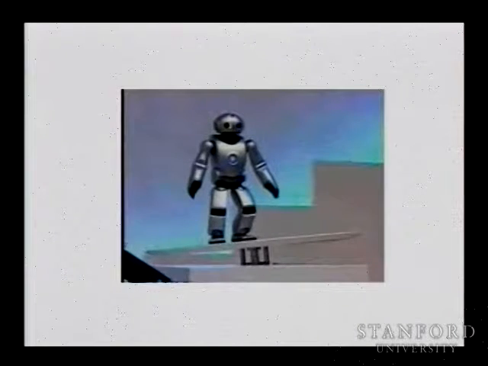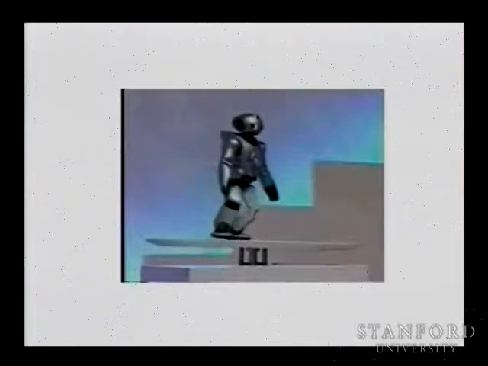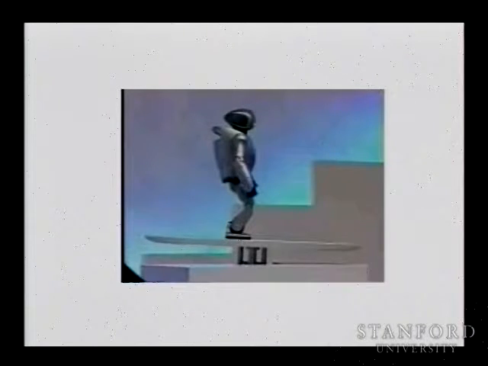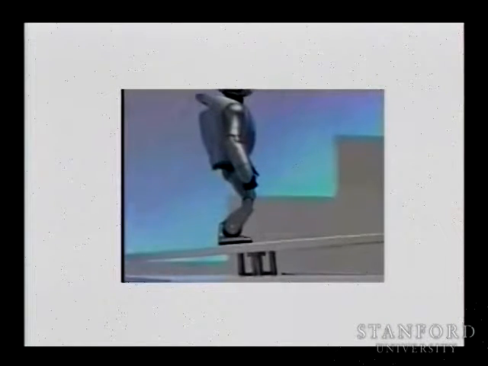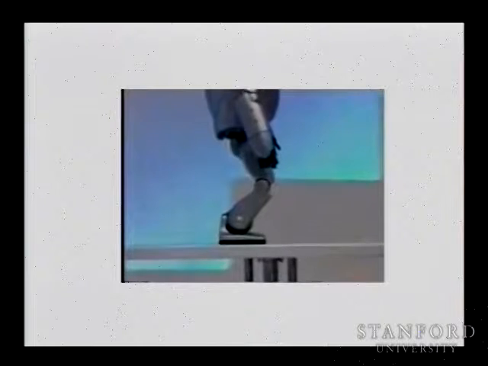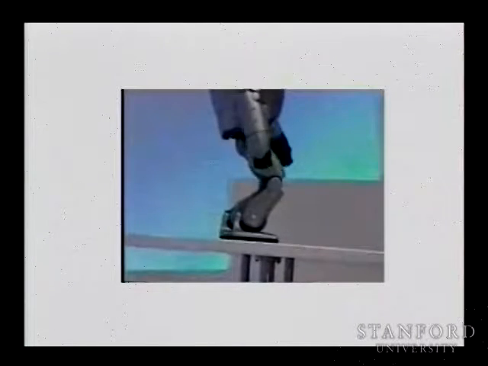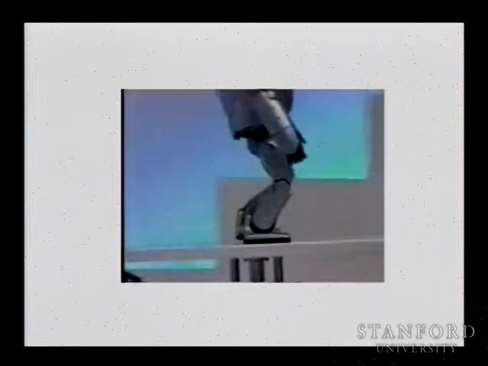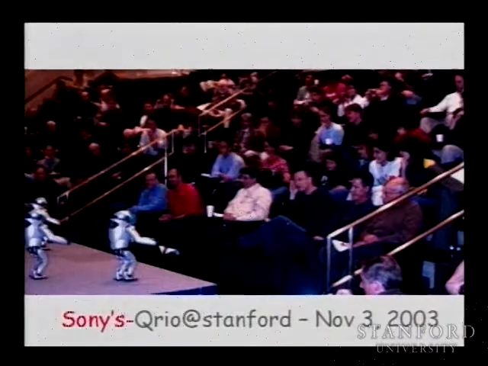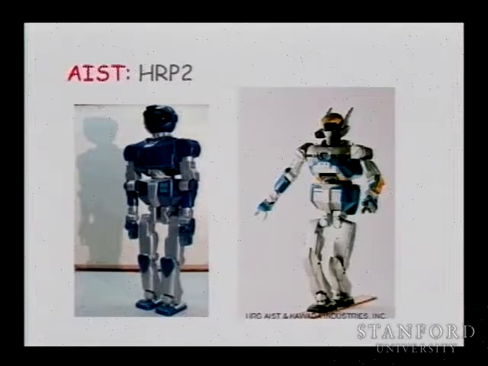And you can imagine the requirements in real-time control and dynamic modeling and all the aspects of this. And this was accomplished a few years ago. Actually, we brought this robot here to Stanford a few years ago, and they did a performance here, and it was quite exciting to see this robot dancing and performing.